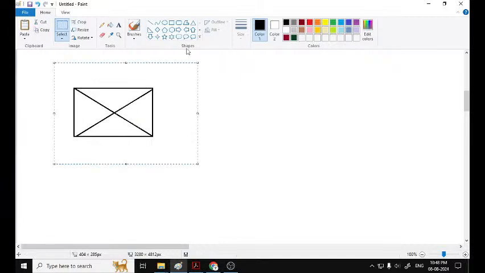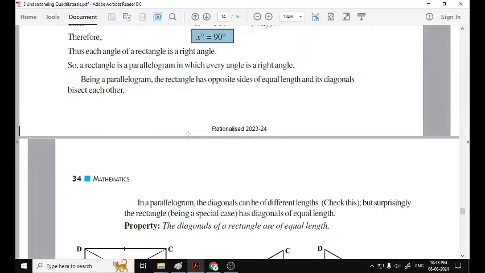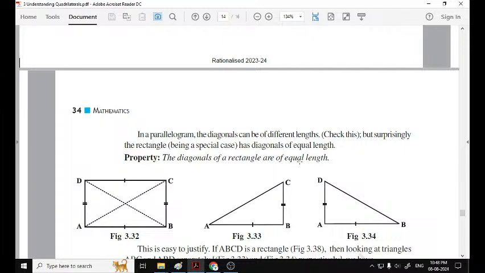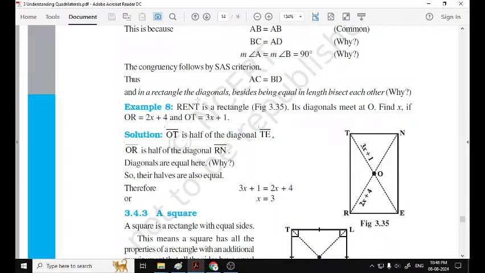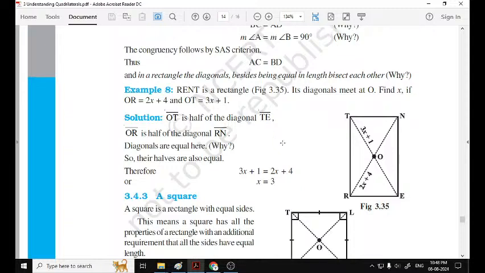So diagonals of rectangle are equal. In the rectangle, the diagonals besides being equal in length bisect each other because it is a parallelogram. So the diagonals bisect each other and at the same time they are equal.